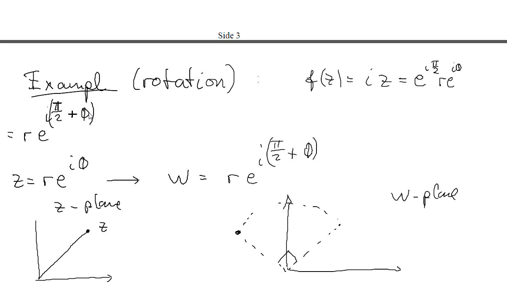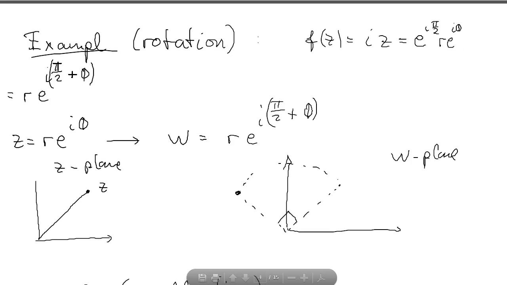So what this means is that every point z is rotated an angle of 90 degrees. That's what's happening when you have this rotation function.